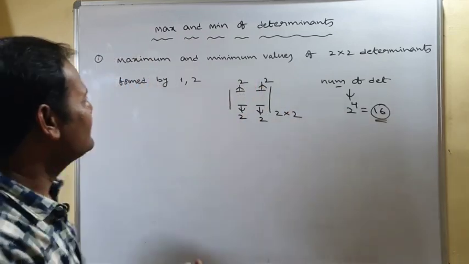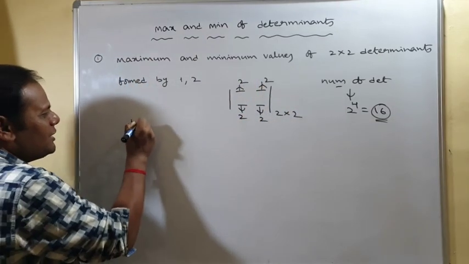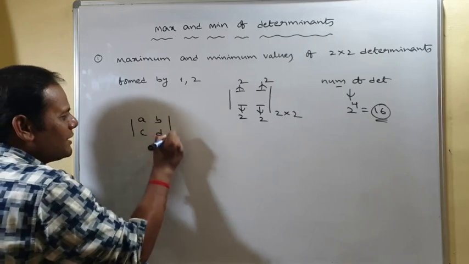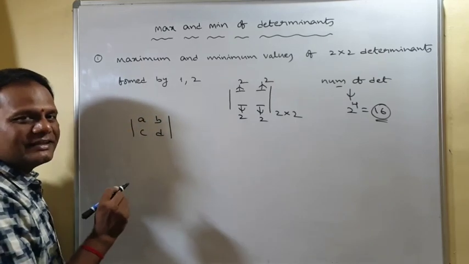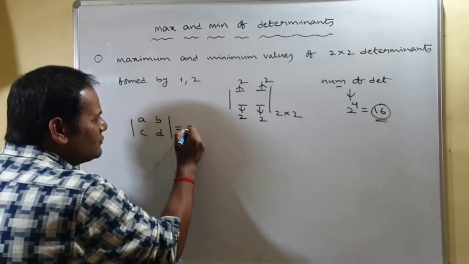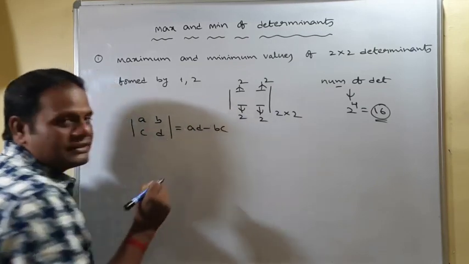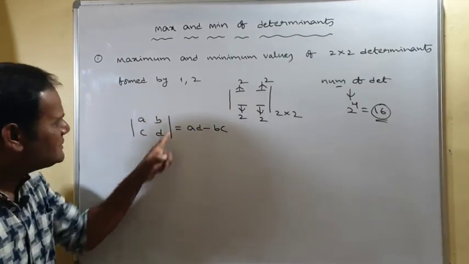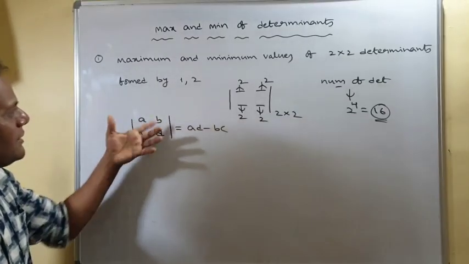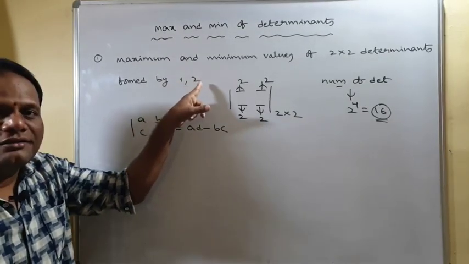Listen carefully. Suppose I am taking a 2 by 2 determinant like this, det ABCD. What is its value? AD minus BC. In place of A, B, C, D, you can take the elements 1 or 2.